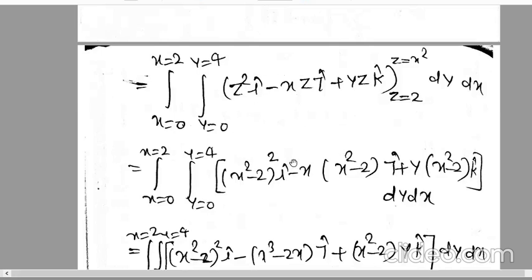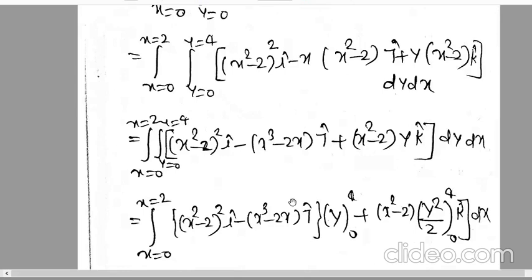So this term will not be here, it will be x to the power 4 minus 4 here, right? There is a mistake here, x to the power 4 minus 2 square, minus 4 will be here, minus x, and x square minus 2 j cap plus y, this one, right?